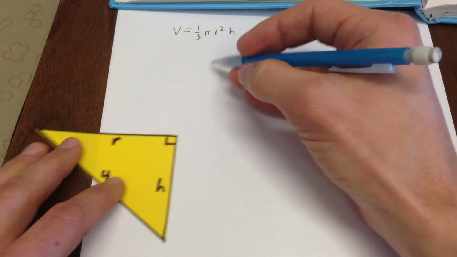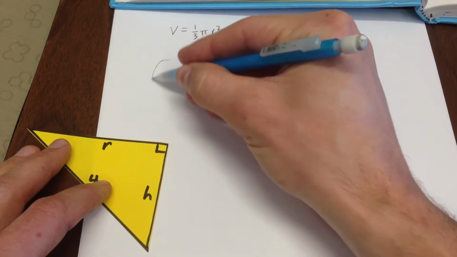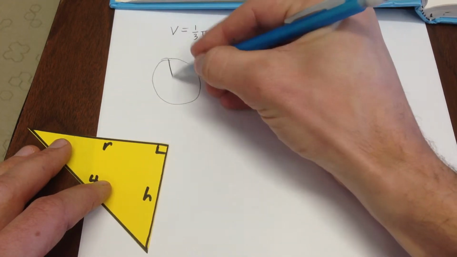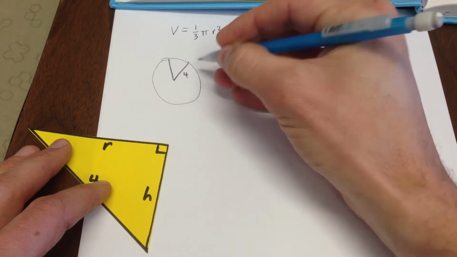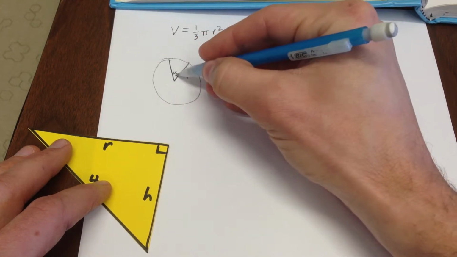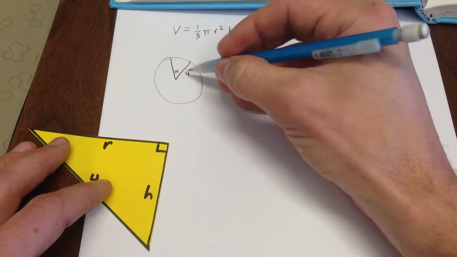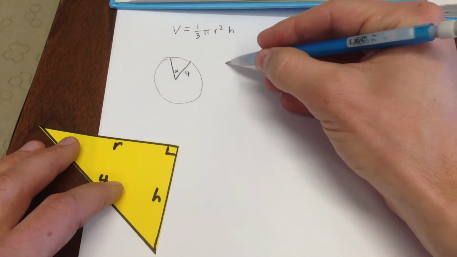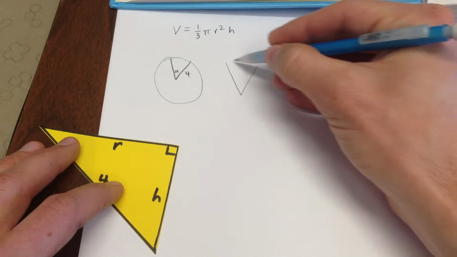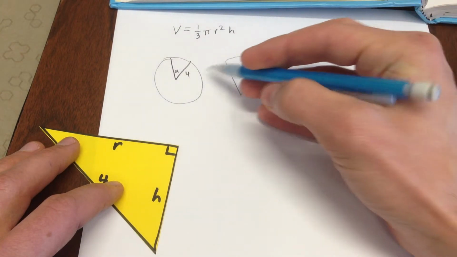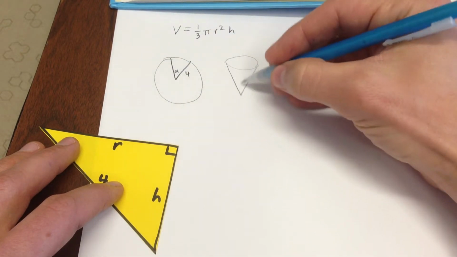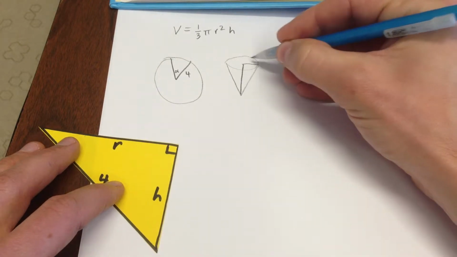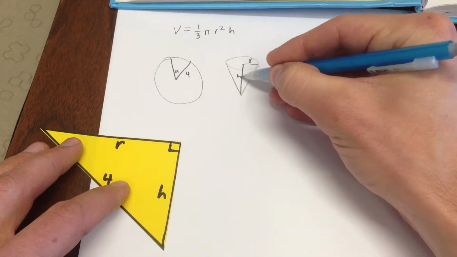If I'm going to recreate those pictures from before, mine aren't quite as pretty, but there's my alpha. Now the alpha in the problem is in degrees. There's my radius, and here's the wrapped piece of paper. How is this picture related to my R and my H?